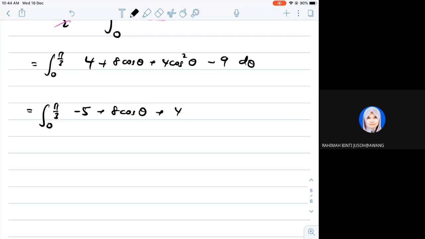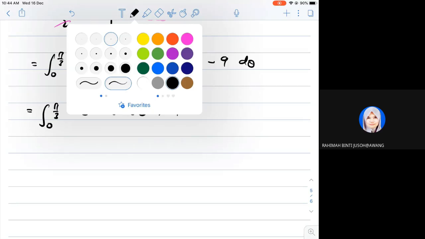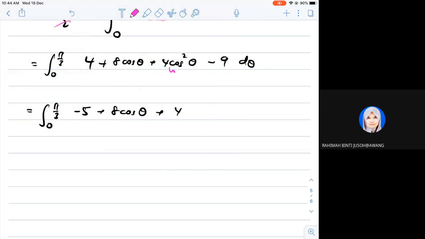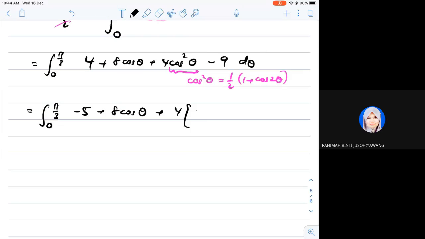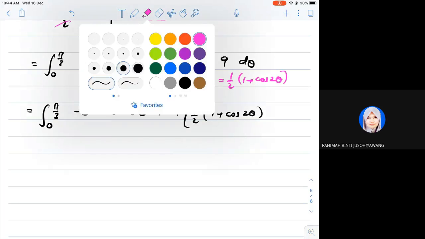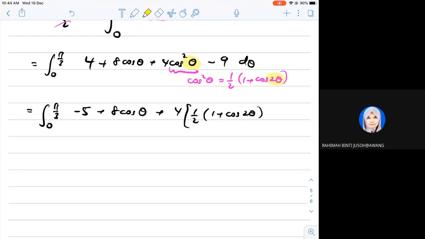Alright guys, as I mentioned earlier, here you can use the trigonometric identity. Cos squared theta is equivalent to 1 over 2 times 1 plus cos 2 theta. So we will have 4 multiplied by 1 over 2 times 1 plus cos 2 theta. In this case it is a single theta, so it becomes 2 theta. Close this bracket, d theta.